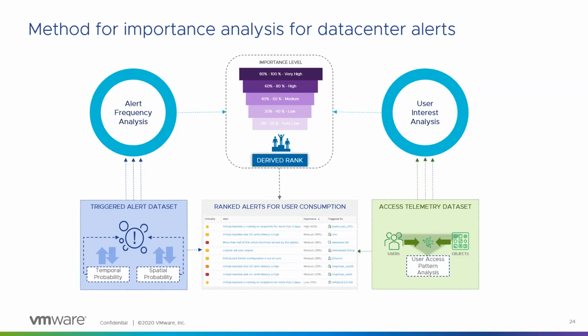And the spatial probability means how many objects that alert is related to, and might cause an impact to. If the causal relationship is huge and the alert triggering is rare, it means this alert is rare and highly impactful, and hence it should be given a higher ranking. So that's alert frequency analysis.